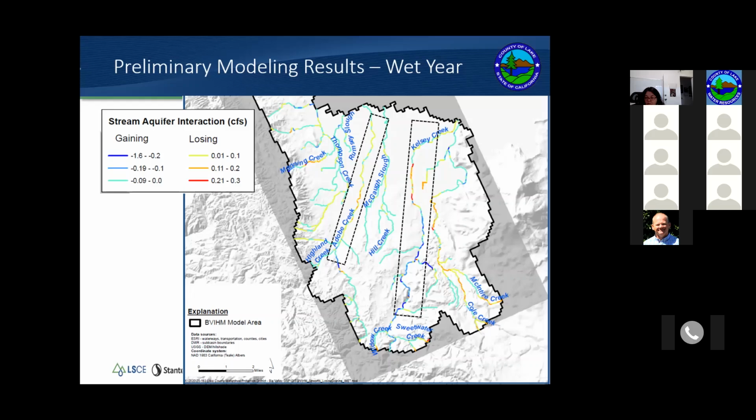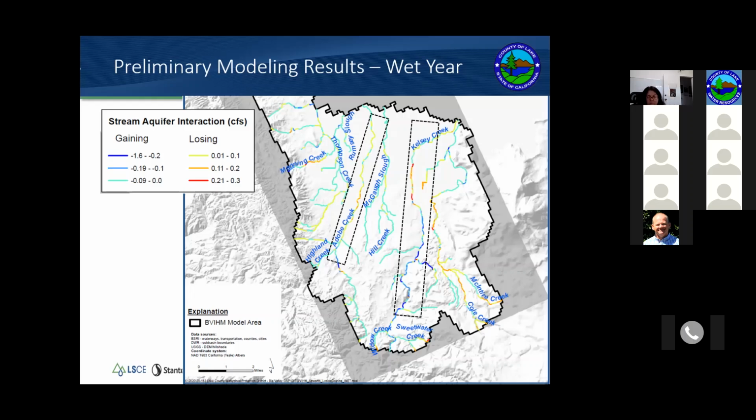We use the limited data sets we have on Adobe Creek and Kelsey Creek to help with the model calibration. One of the outputs the model generates is this stream-aquifer interaction. The model estimates, based on the spring flow and the summer flows, looking at the groundwater condition, how high the groundwater goes up and goes down.